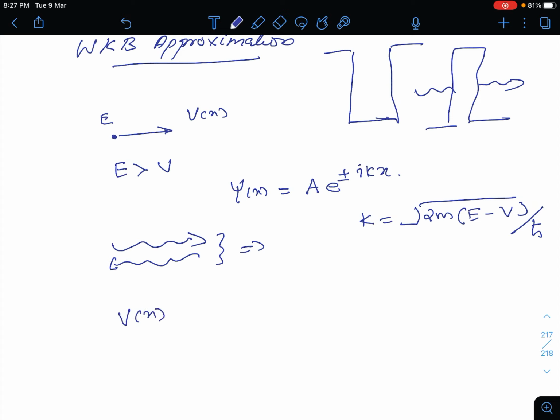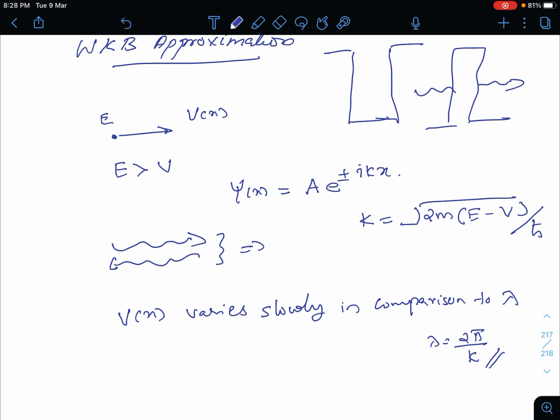Suppose that V of x is not a constant but varies slowly in comparison to lambda, where lambda is, as you know, 2 pi by k.